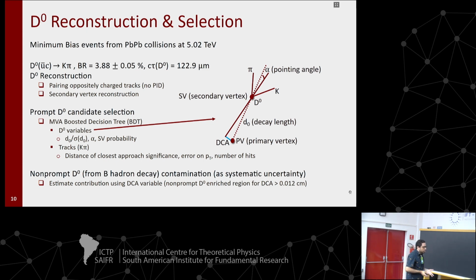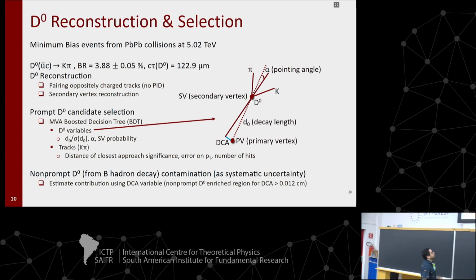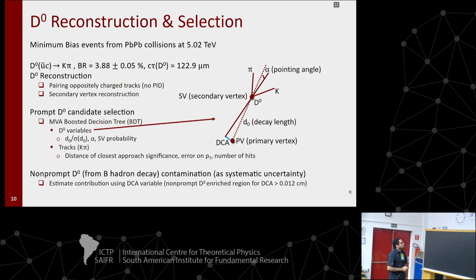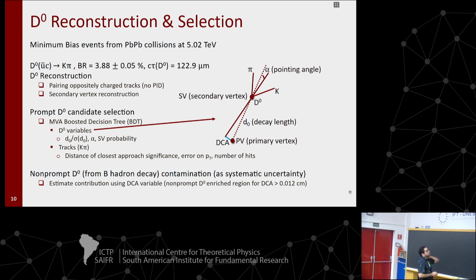So basically, we loop over all the charged particles, combine all of the tracks, and do a kinematic fit where we can identify the D0 by looking at the peak of the particle, because we know the mass of the D0. Okay? Here we use a machine learning method to identify the D0 because we have several variables when we reconstruct this vertex. We use these variables to separate from background, mainly combinatorial background, where you combine the tracks randomly, and then you need to separate this.